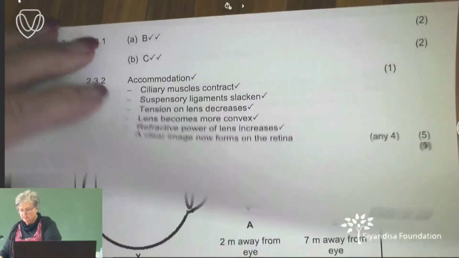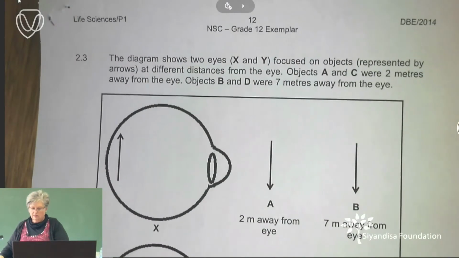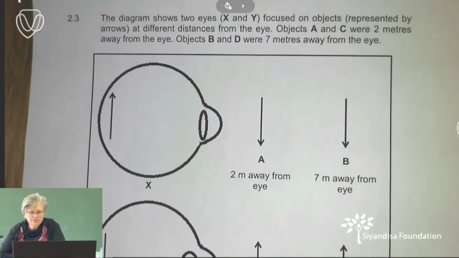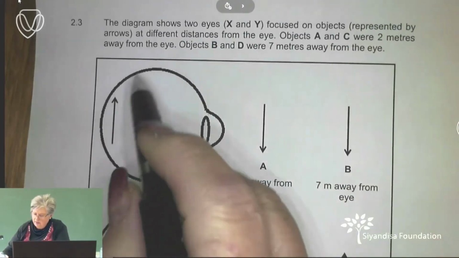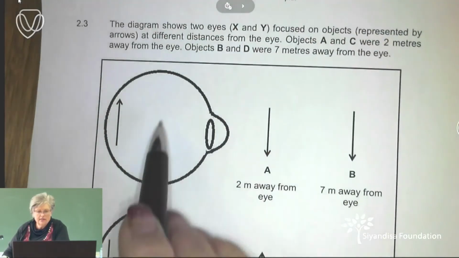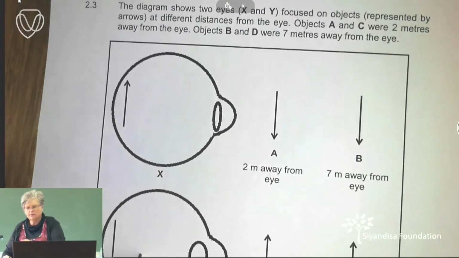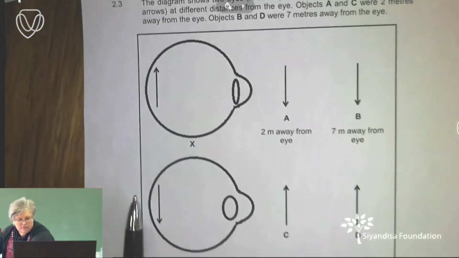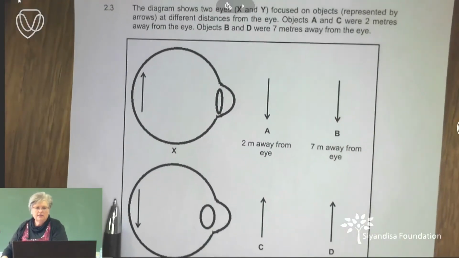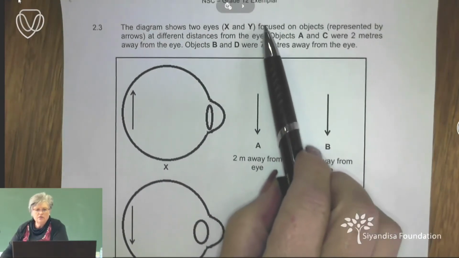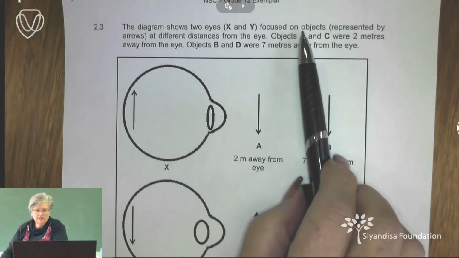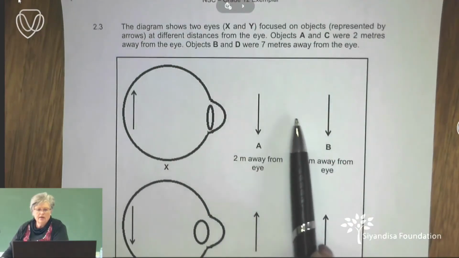Another question that is higher cognitive around the eye is this one, where it says to you, the diagram shows 2 eyes, X and Y, that focus on objects, represented by arrows.